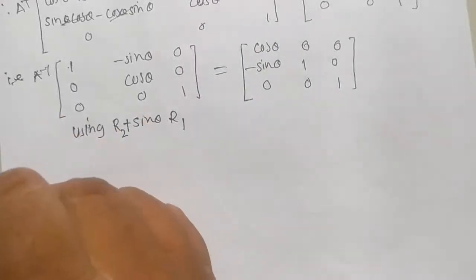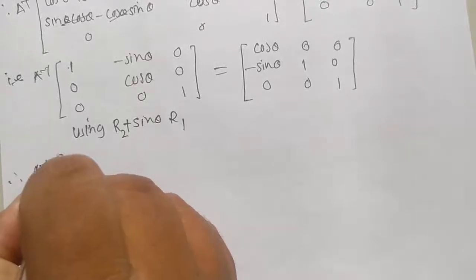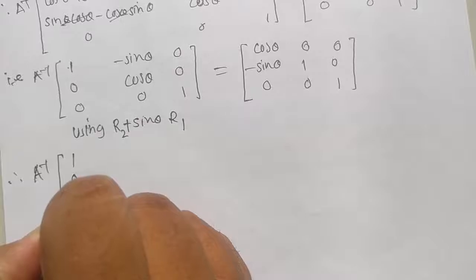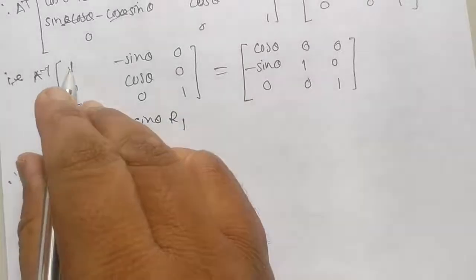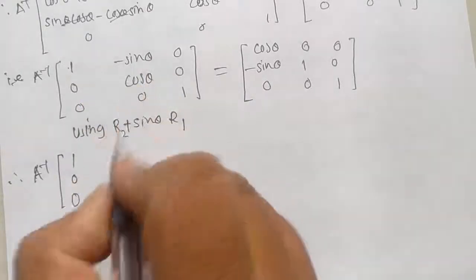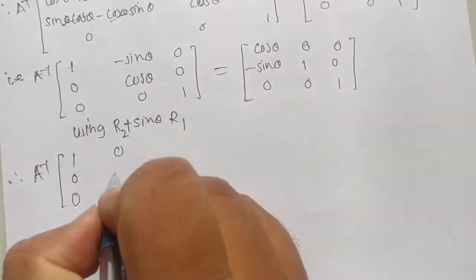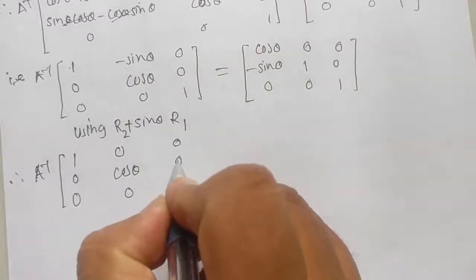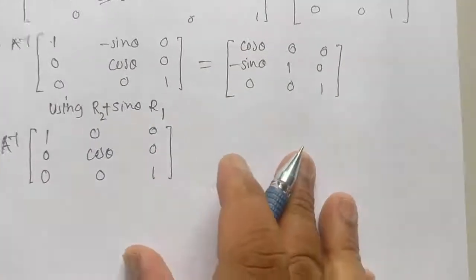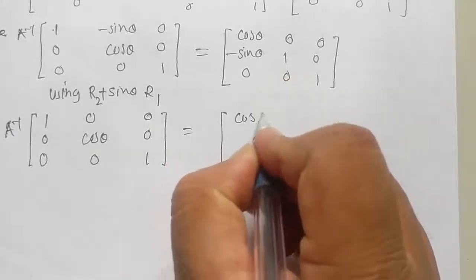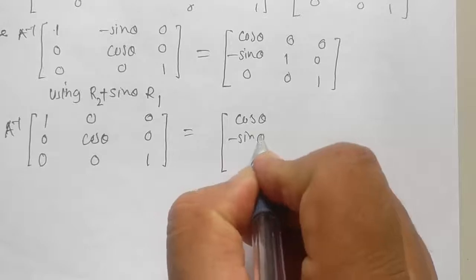Likewise, therefore, A inverse, first column is no change, so 1 0 0. In the second column we multiply R1 by sin theta and add, so it becomes 0. Here there is no change, cos theta 0 0 0 1, no change in column number third, is equal to, first column is the same, no change.